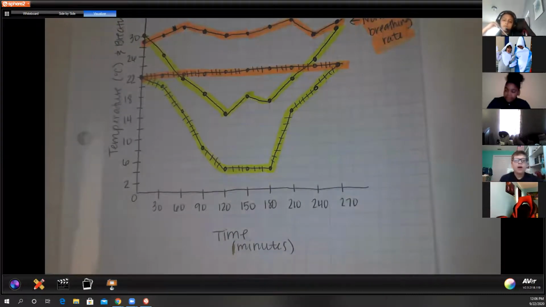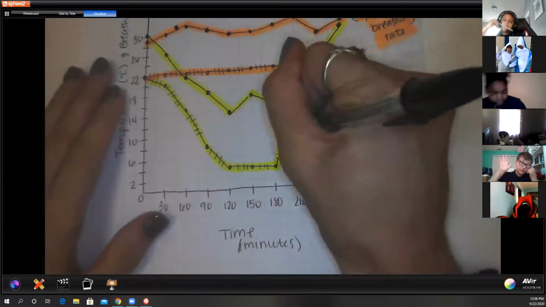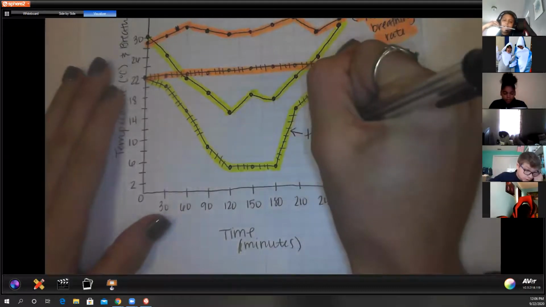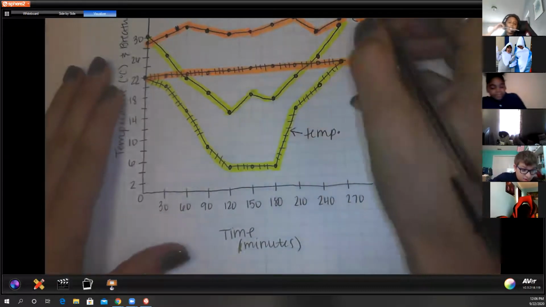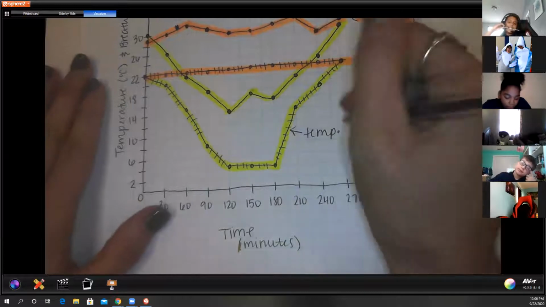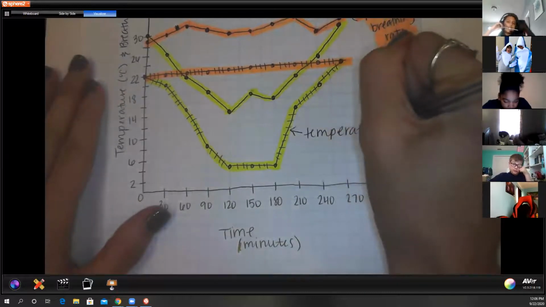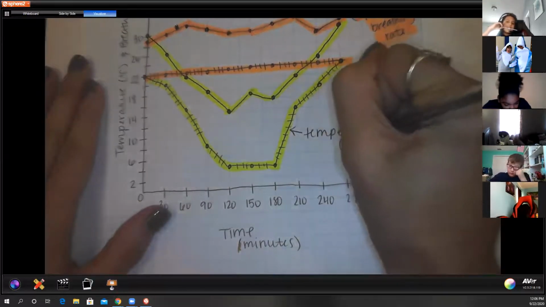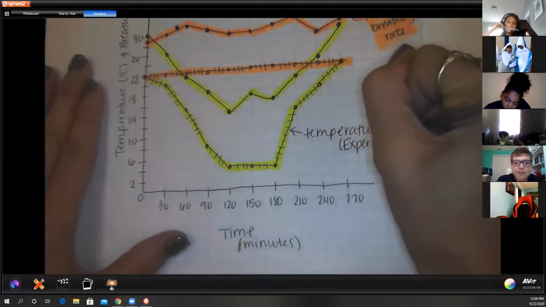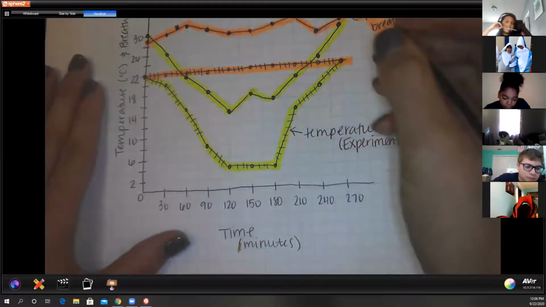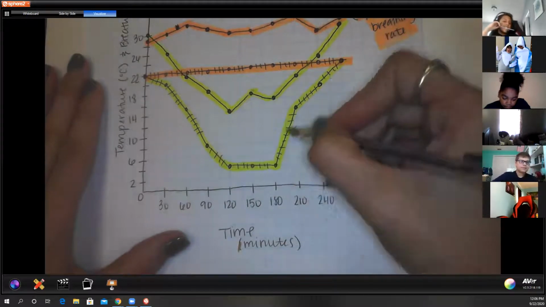What do we notice about the temperature for our experimental group? What did we do with the temperature? Remember, that's this line. We changed the temperature to increase it or decrease it. Did we increase or decrease the temperature? Decrease, and then we increased it back again.